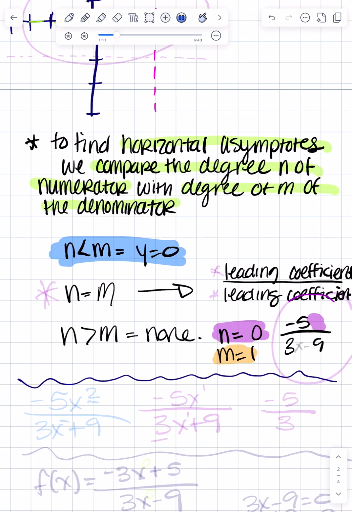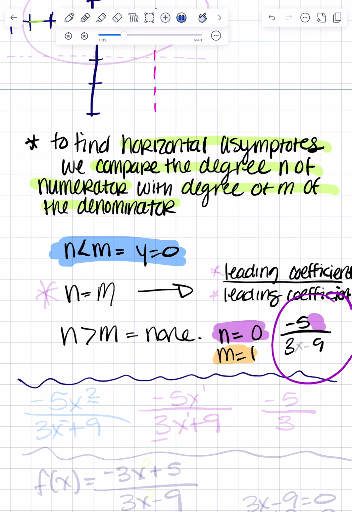To find our horizontal asymptotes, we're going to compare the degree n of the numerator with the degree m of the denominator. So in this case, we're going to look at our function, which is negative 5 over 3x minus 9. We see that there are no variables to any degree, therefore our n is going to equal 0. And if you look at the denominator, we have 3x.